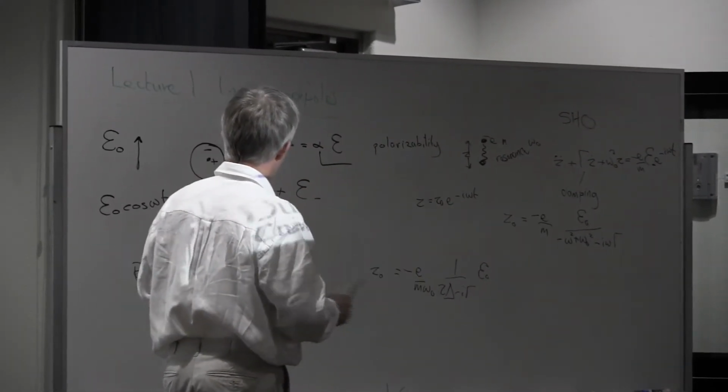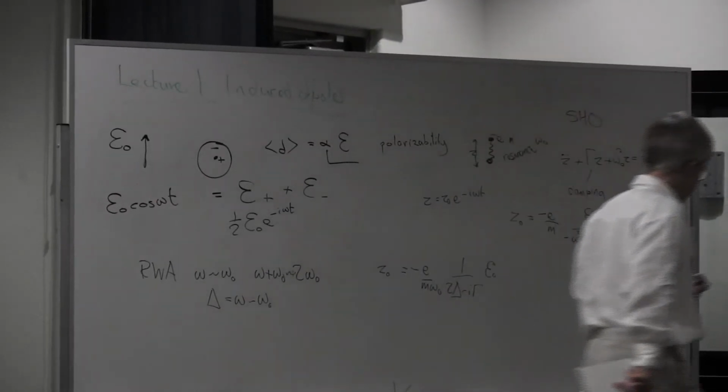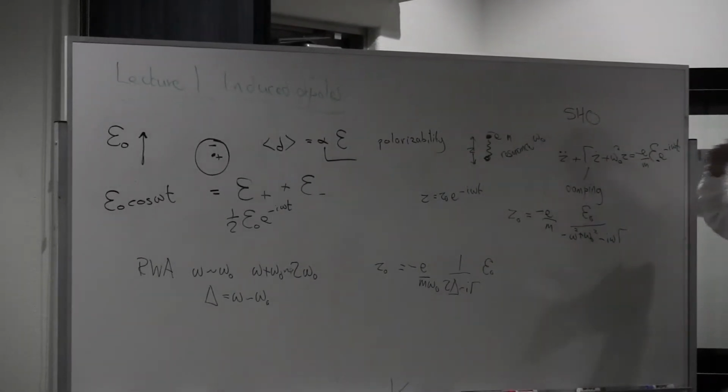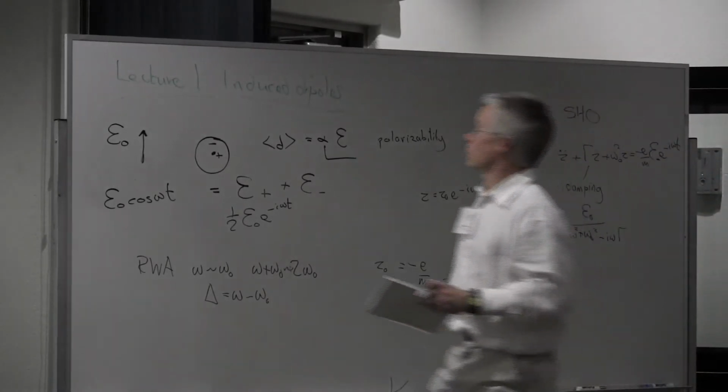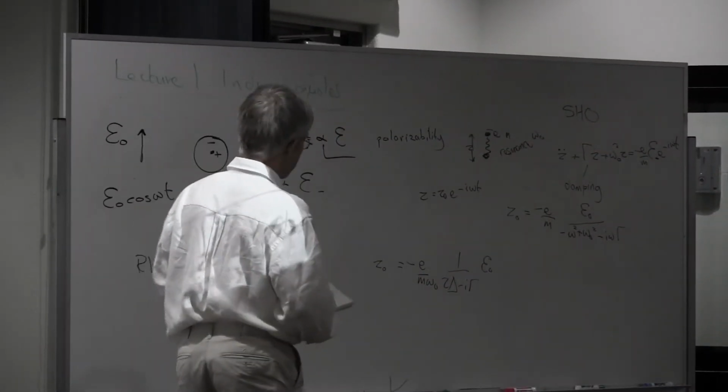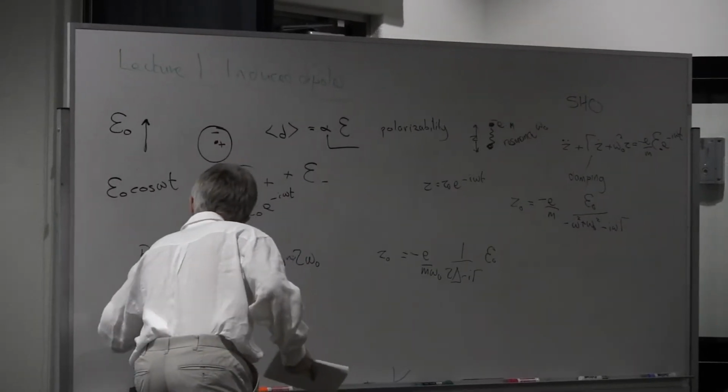So I still haven't done anything quantum actually. I've just still got a classical oscillator that's got some damping. And then in order to map it into some quantum picture, I do my first bit of quantum. So I say it's a quantum oscillator.